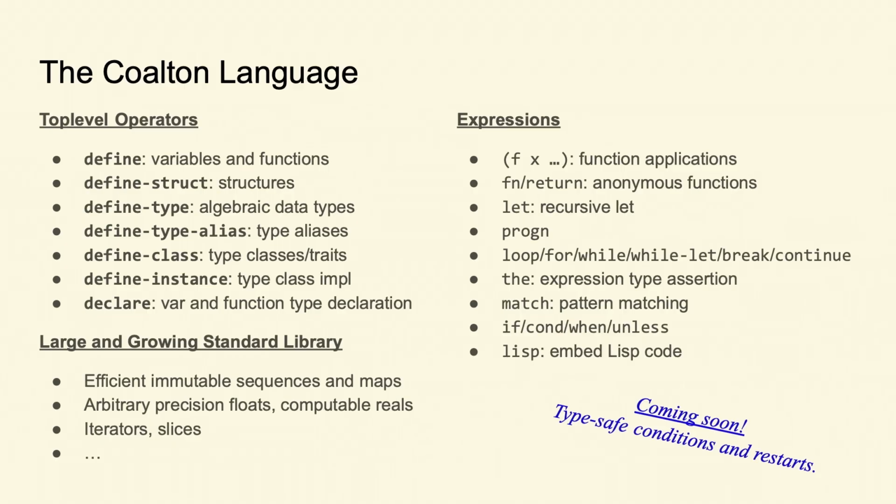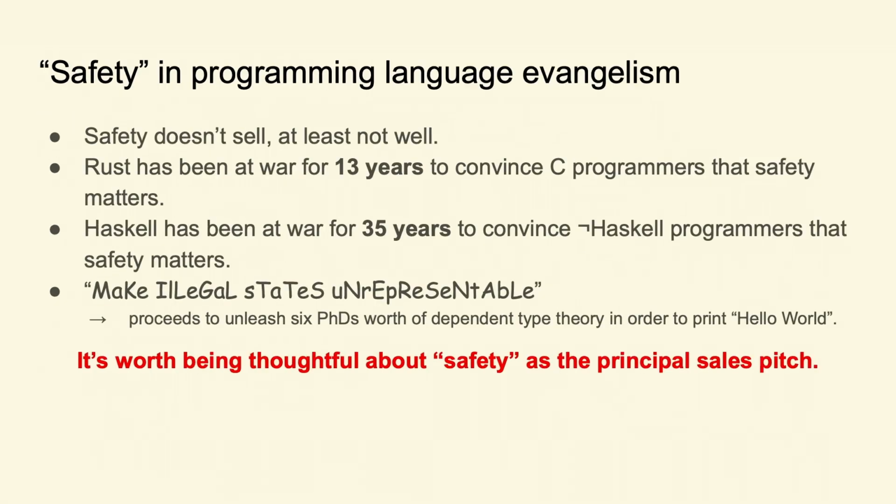I'm interested in it, but in Coalton, because we can build our own numerical tower, we have that. We also have computable reals. We have hyperdual numbers, whatever those are, for computing partial derivatives. We actually don't have quaternions in the standard library yet, so if you want to contribute something, we would gladly accept it. Iterators, slices, whatever, a bunch of standard data structures.